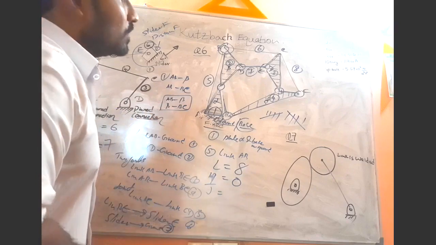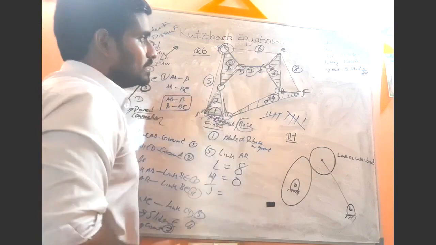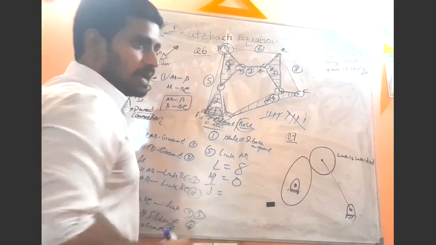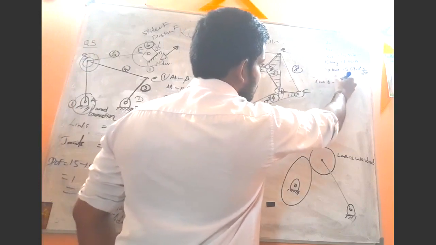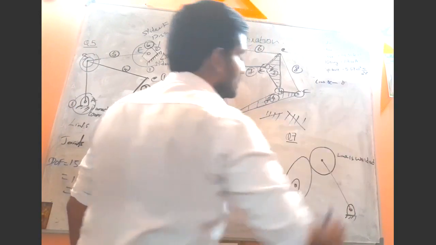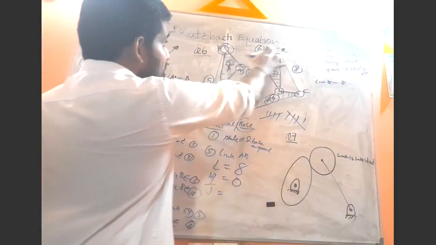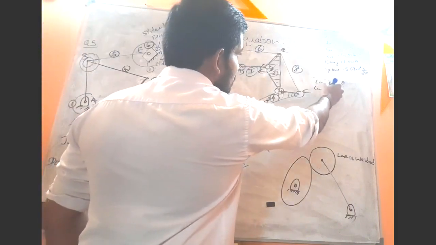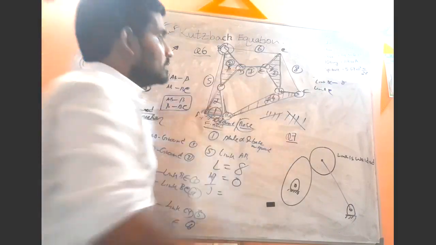Now just focus here. This link BC is connected to the plate gamma. And again this link BC is connected to the link CF.